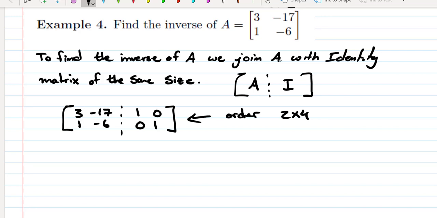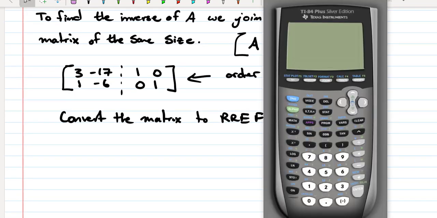We need to reduce this matrix into Rref, so we're going to convert the matrix to Rref. So we're going to put that matrix into our calculator.